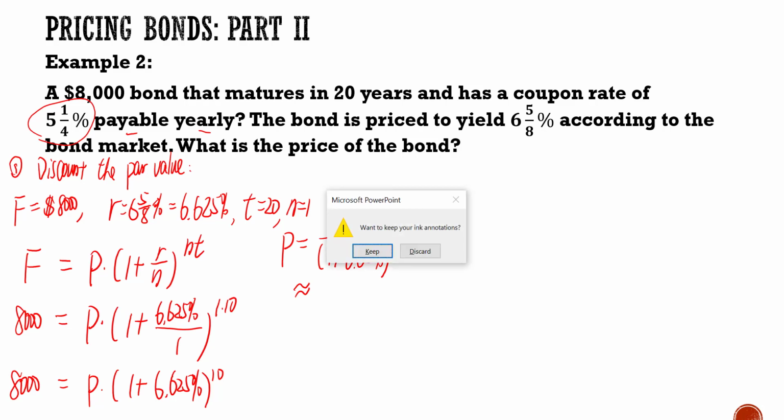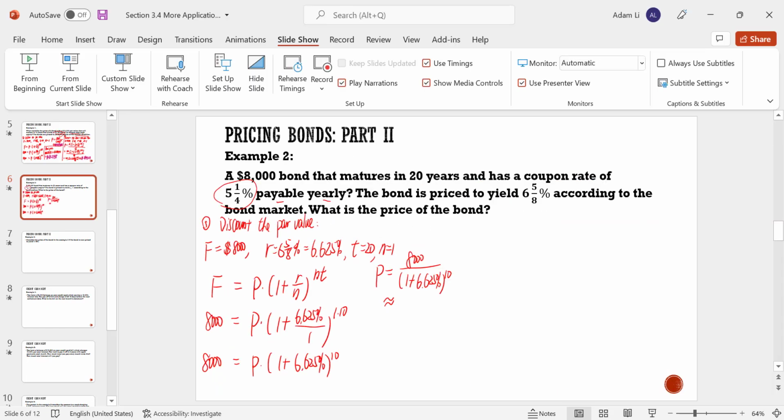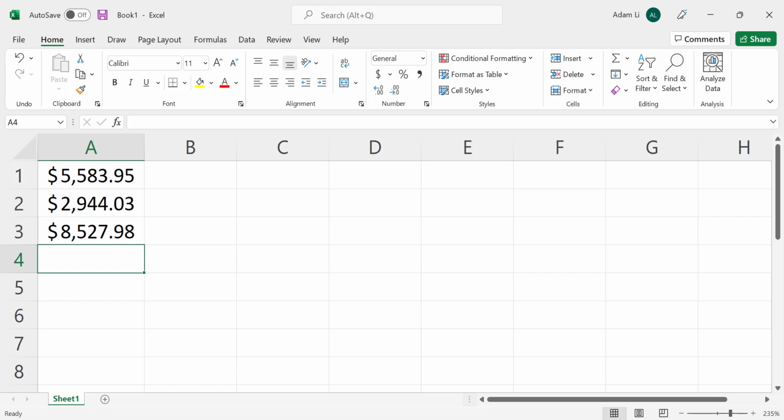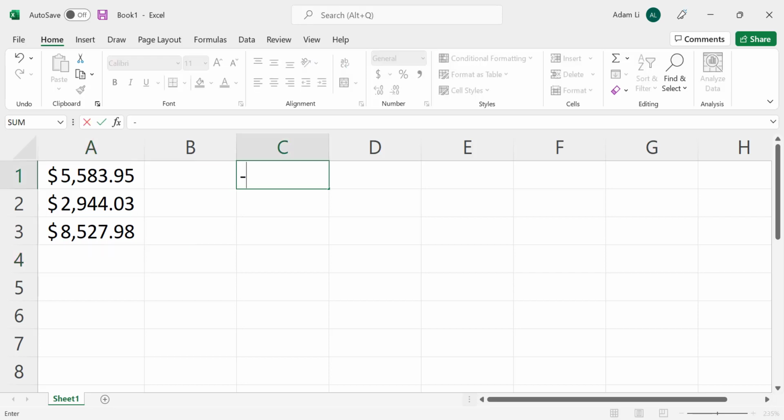So one more time, we use Excel to get this. So this is 8,000 divided by 1 plus 6.625%, raised to the power of 20 years.